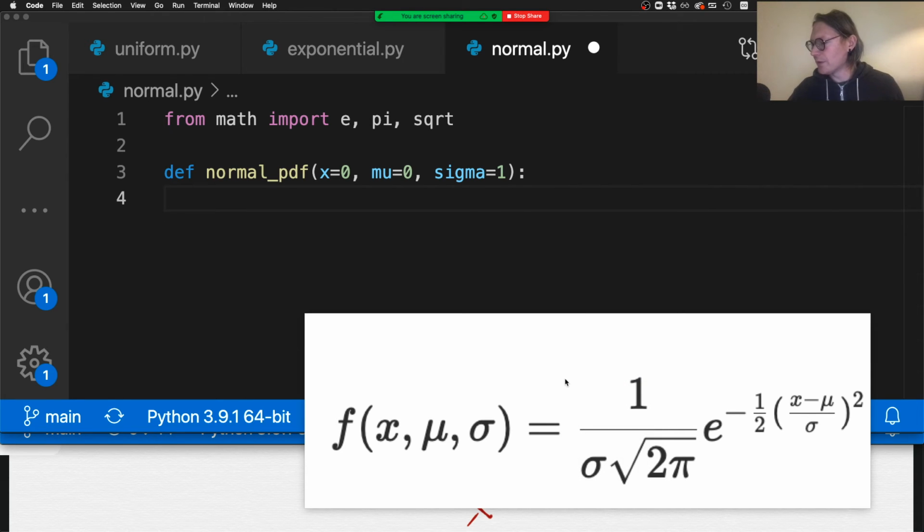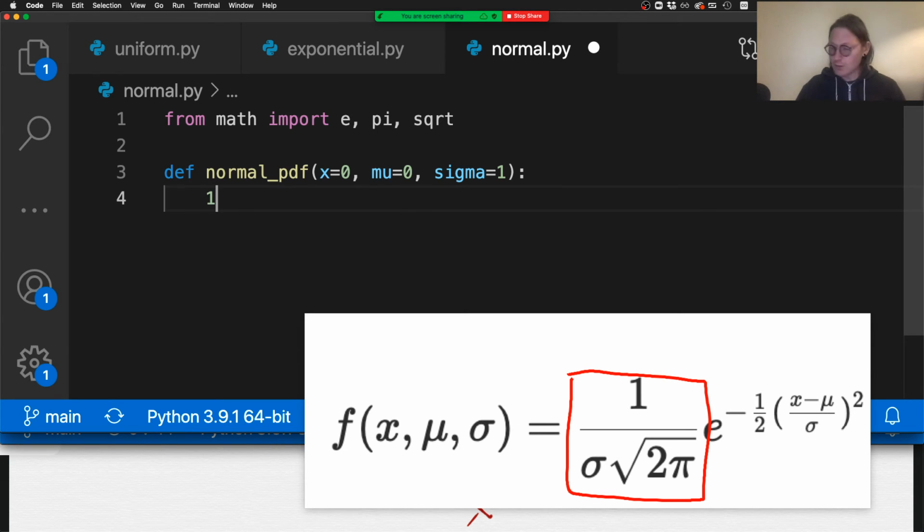We'll just do this part first. So that's going to be 1 over our value of sigma, and wrap all sigma multiplied by the square root of 2 times pi. Okay, so I'm going to contain that also in parentheses. I don't need to, but I'm going to just so that we isolate all of this.